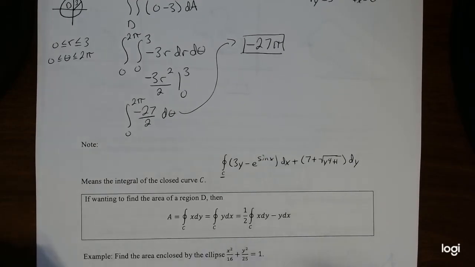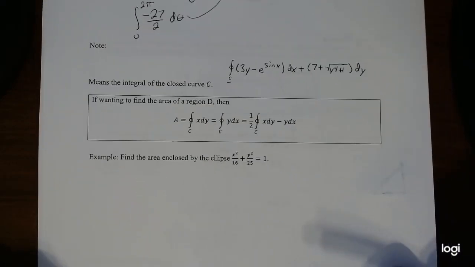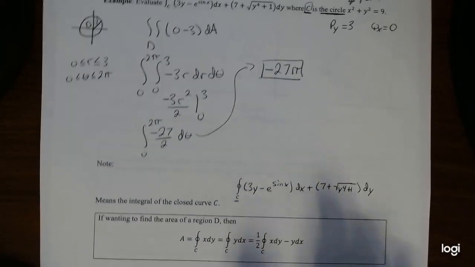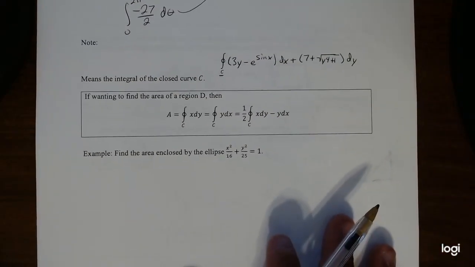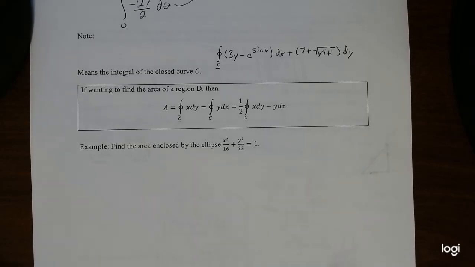Okay. So now that we have that notation, we can also find the area of this region, kind of like going backwards. The good thing is, it's an area, so it's just a single integration, not a double integration.